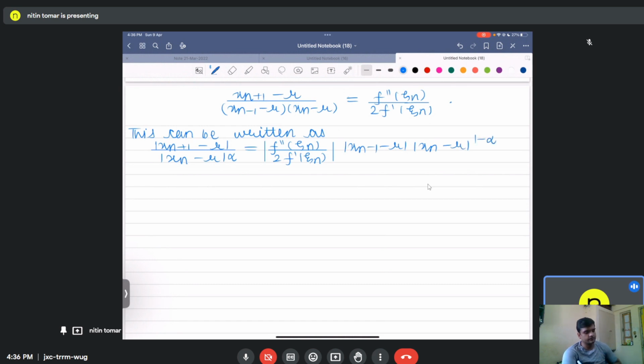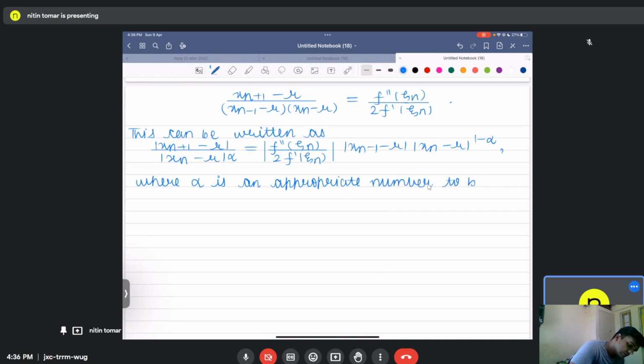Here alpha is an appropriate number to be found later.